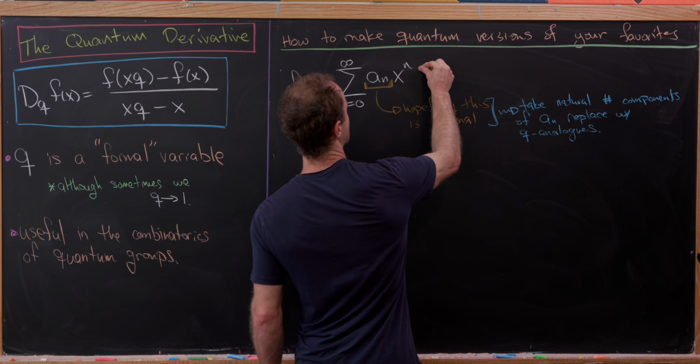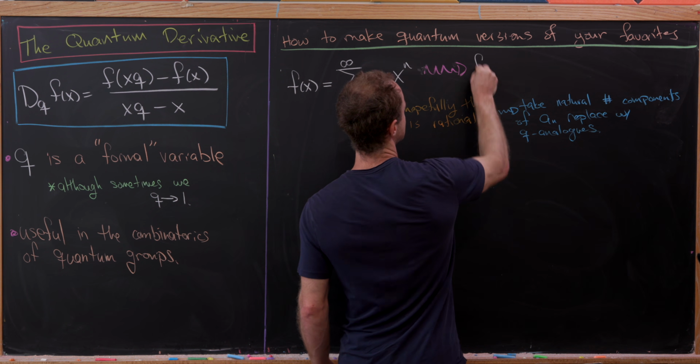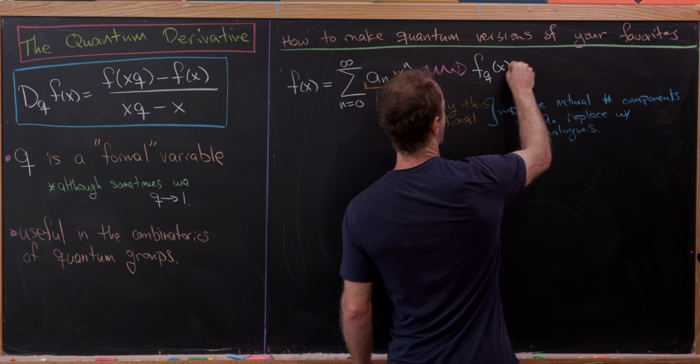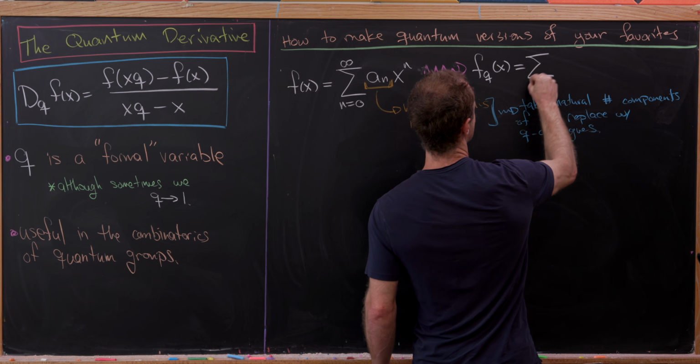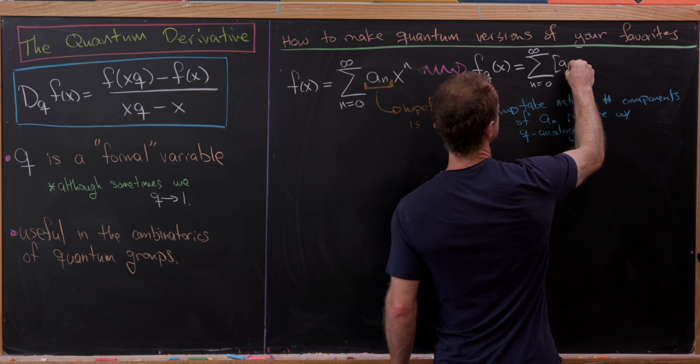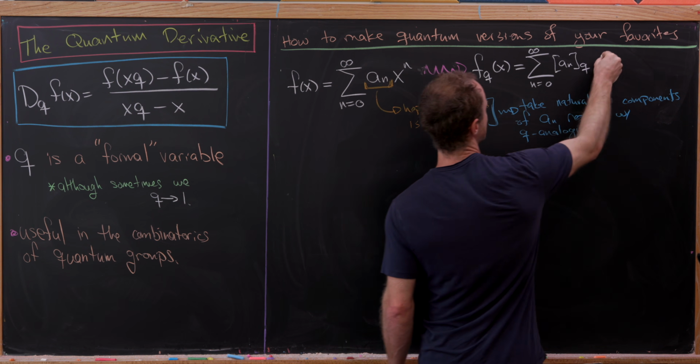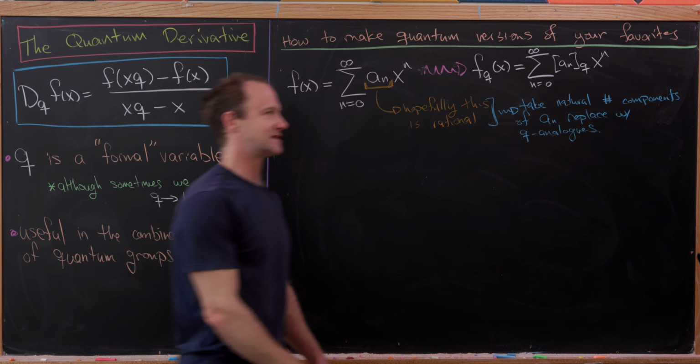So let's see what that gives us. That'll give us something that I'll maybe just write like this. So f sub q of x will be the sum as n goes from 0 to infinity of, I'll just write this as a sub n q, where that's the replacement that's been done, and then x to the n.